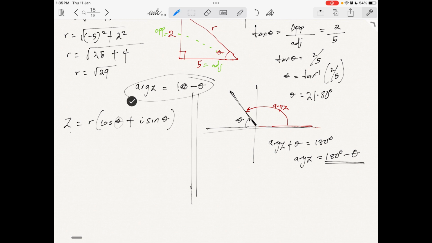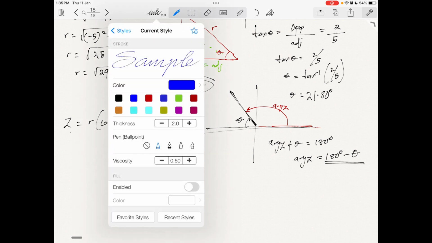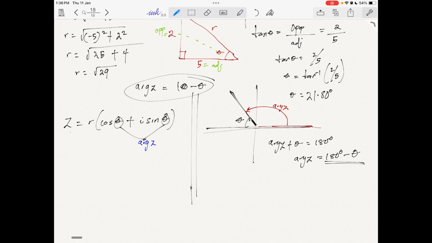Before that, this theta here will be slotted, we change it to argument Z. So Z is equal to R, which is root 29, cos, remembering that these thetas are being slotted for the argument Z, which is 180 minus theta, that's 180 minus 21.8 degrees, and that gives us 158.2 degrees.